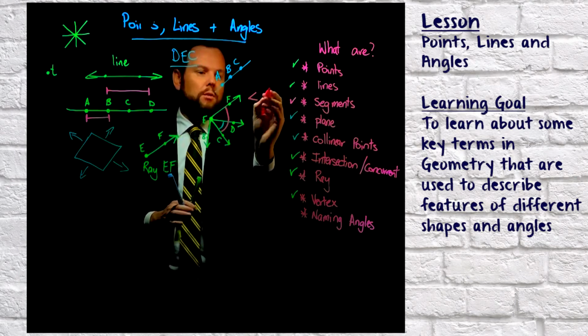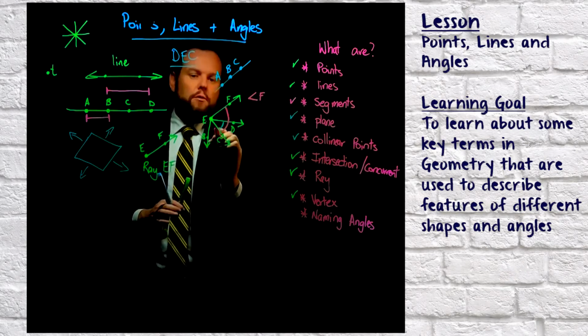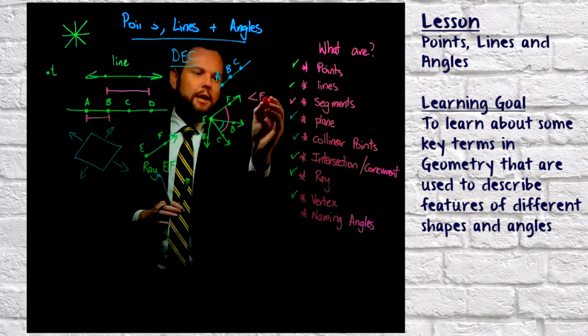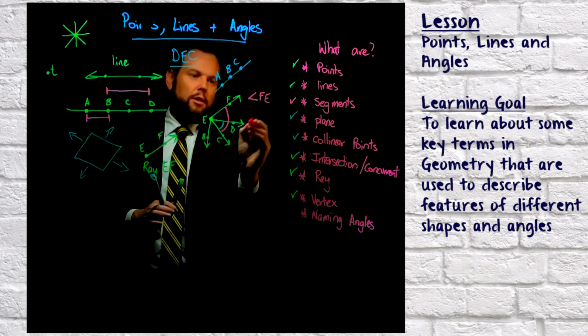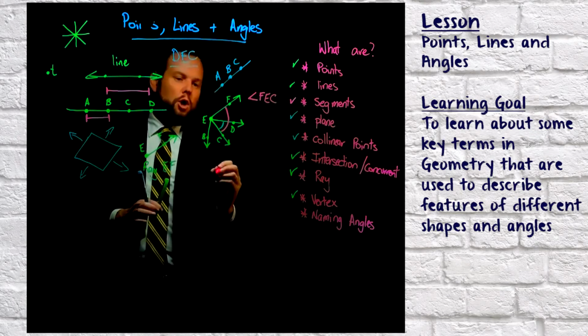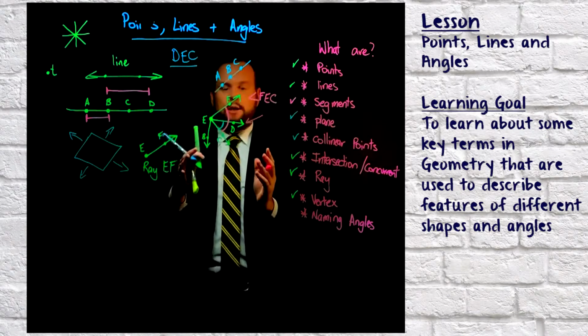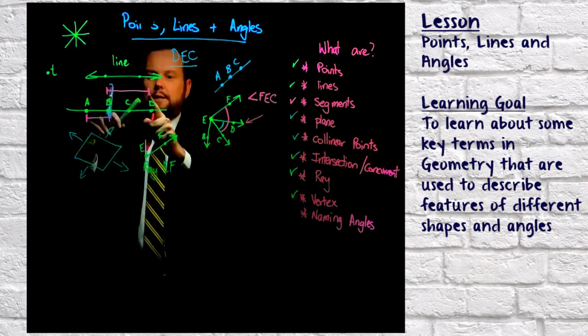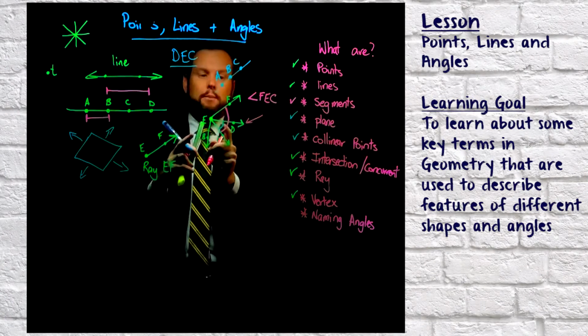You draw a little angle and you would put F. Okay, it goes over the top of the vertex of E. Okay, and then it ends over here on line C. So you would notice that we've actually skipped over D completely. So sometimes, just like our segments, you can skip over points, okay, if you're describing bigger angles.